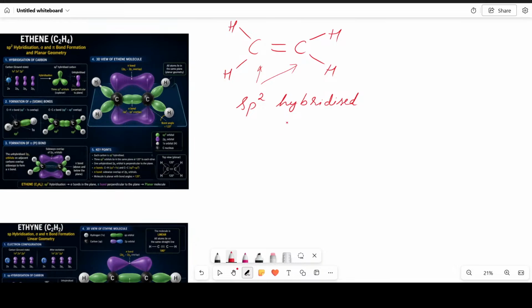Okay. Now, when we look at the bonds, there are 1, 2, 3, 4 carbon hydrogen sigma bonds, and you can see that 2 bonds are there.